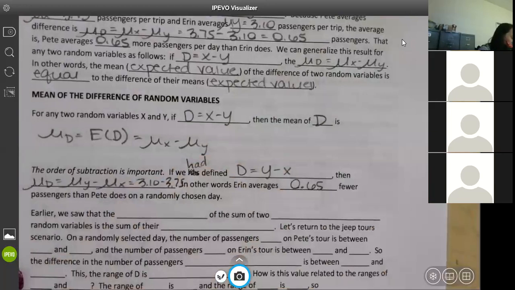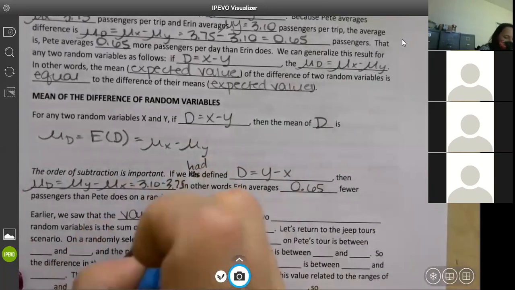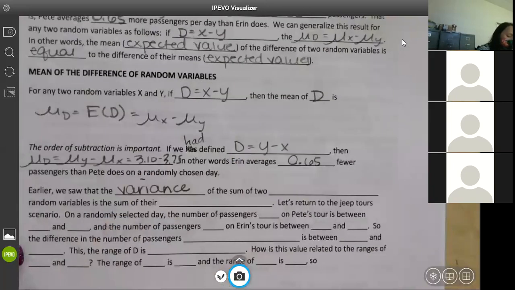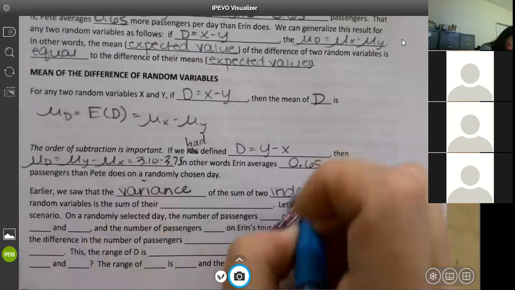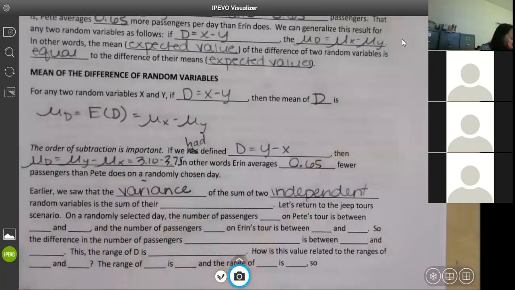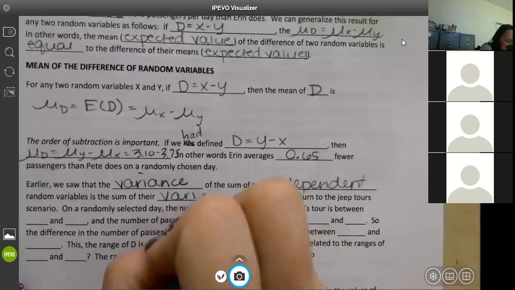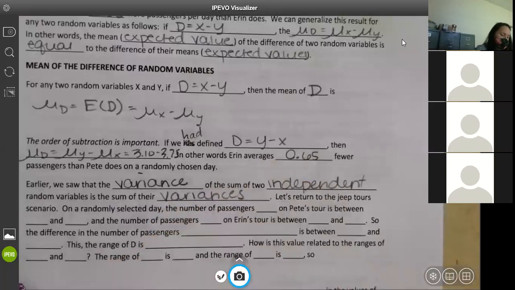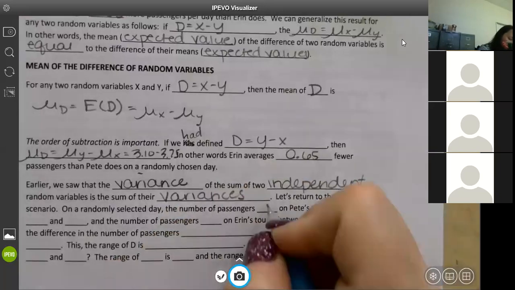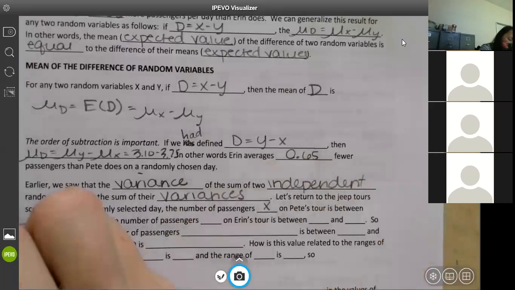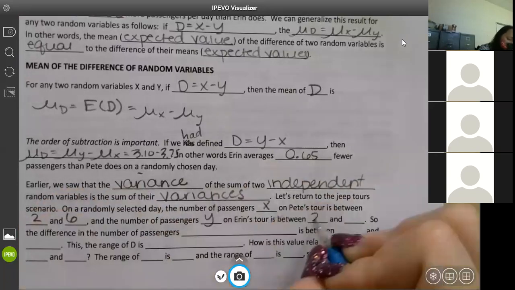So earlier we saw that the variance of the sum of two independent random variables is the sum of their variances. Let's return to the Jeep tour scenario. On a randomly selected day, the number of passengers X on Pete's tour, remember Pete could do 2 through 6, but Aaron could only do 2 through 5.